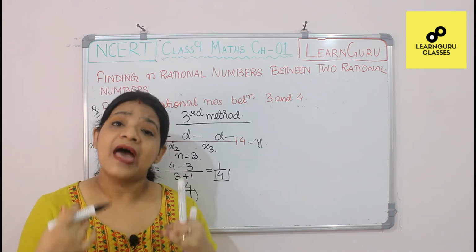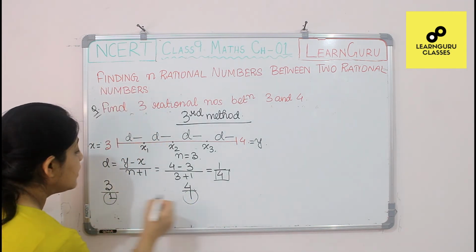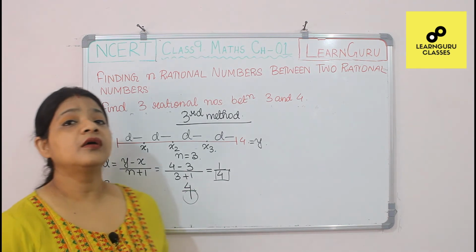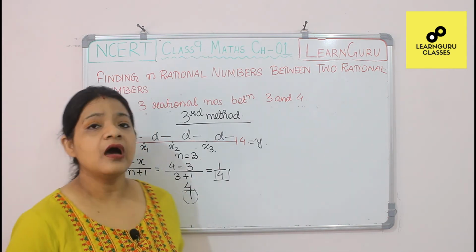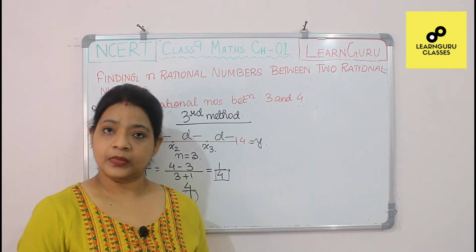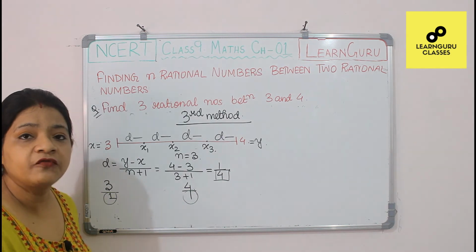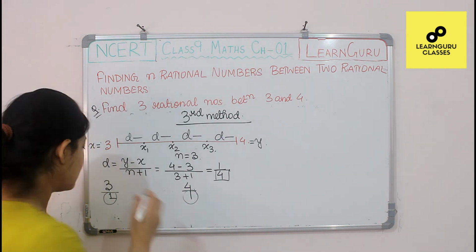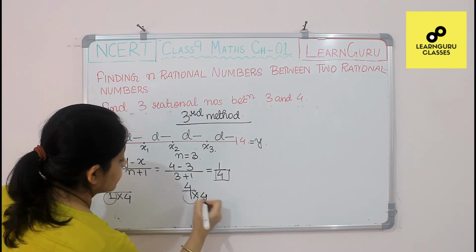Now the next step is that you have to make the denominator of both the rational numbers equal to the denominator of the common difference. So here the denominator is 4. How can you achieve this? Simply by multiplying it with 4.